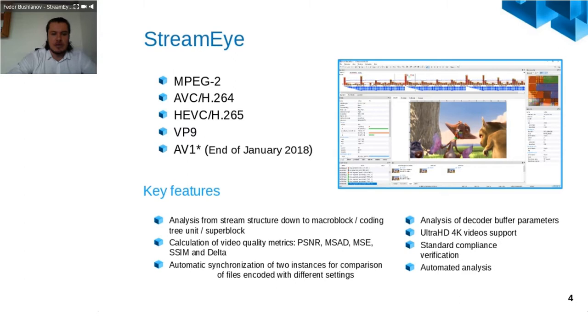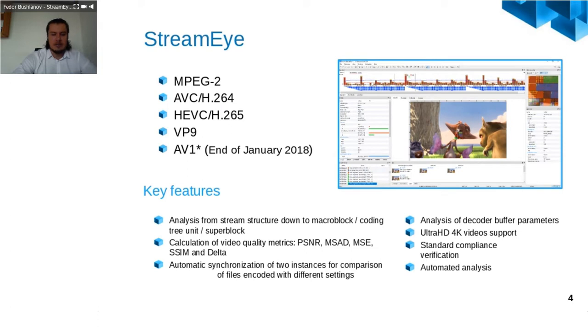The essential features of StreamEye, of course, are video bitstream analysis down to macroblock level, and calculation of different quality metrics when we compare a compressed video file with a raw reference stream. Those quality metrics are the very traditional and most popular PSNR metric, as well as other metrics that you see on this slide.